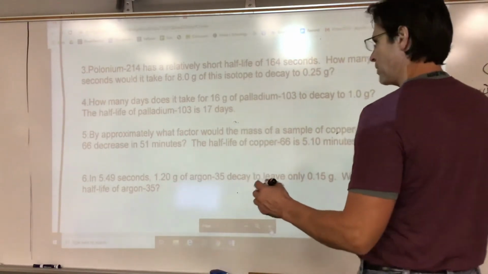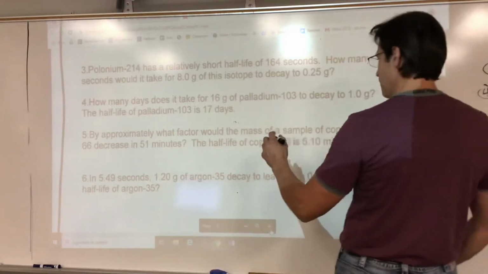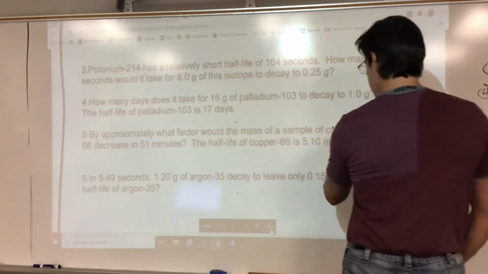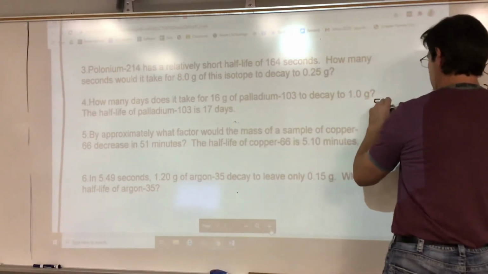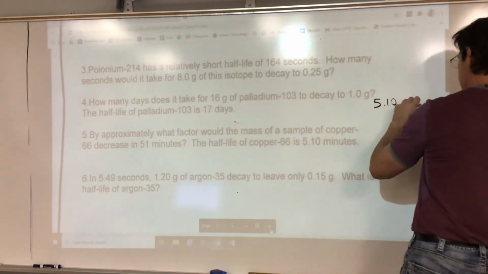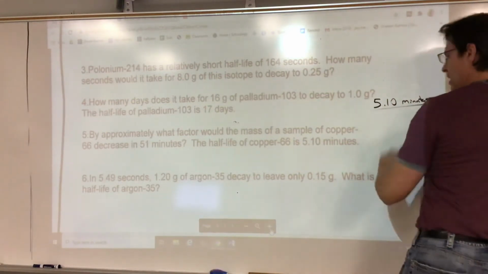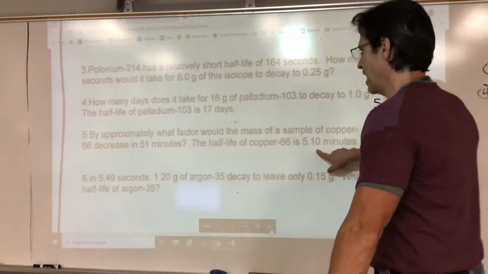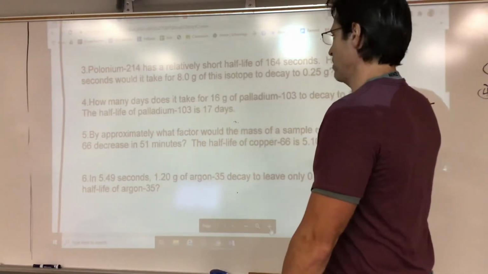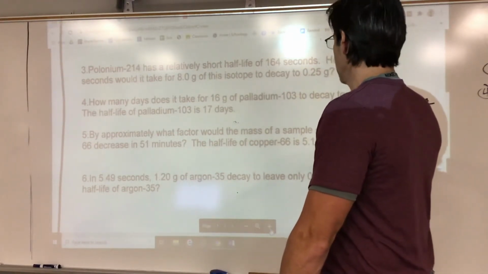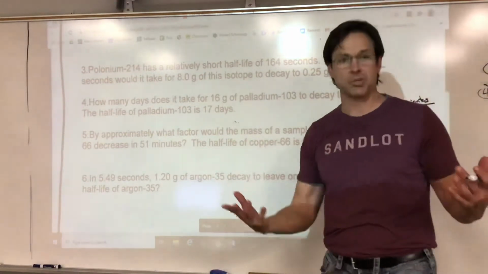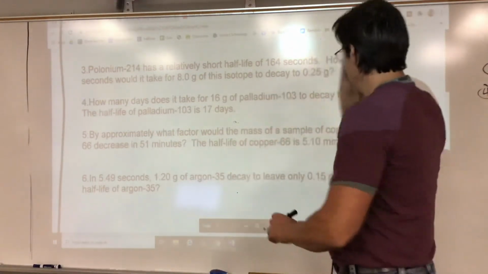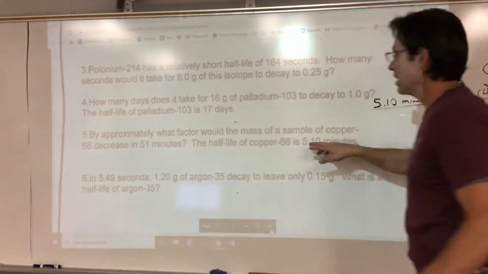And it wants to know, if that's a half-life, approximately what factor the mass decreases. You can give me a percent or a fraction, I'll give you both, because it's not giving me a value, but I can solve it.